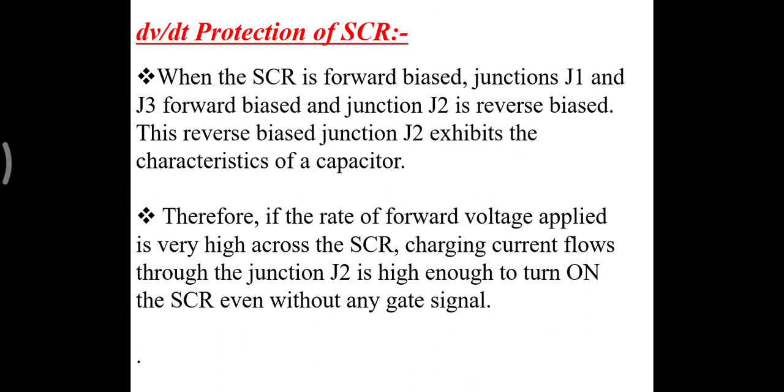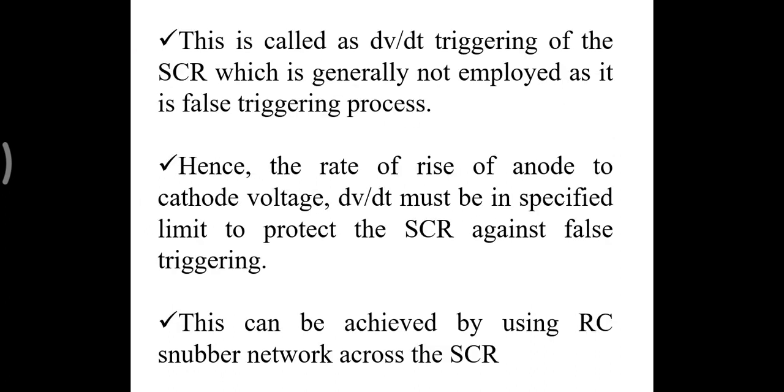dV by dt. So dV by dt means rate of change of voltage. When the SCR is in forward bias, the junctions J1 and J3 are in forward bias and J2 is in reverse bias. So this J2 exhibits characteristics of a capacitance. Therefore, if the rate of forward voltage applied across the SCR is very high, the charging current flowing through junction J2 is high enough to turn on the SCR even without any gate signal.